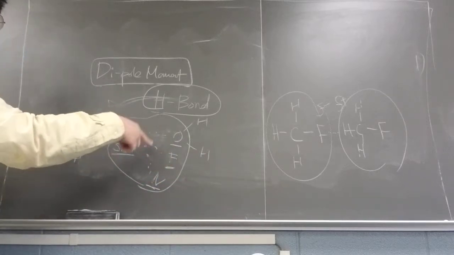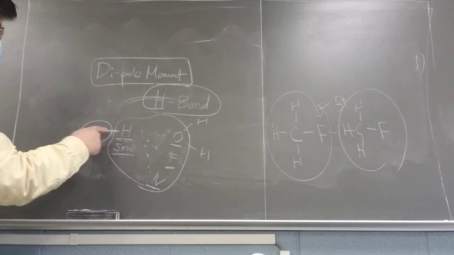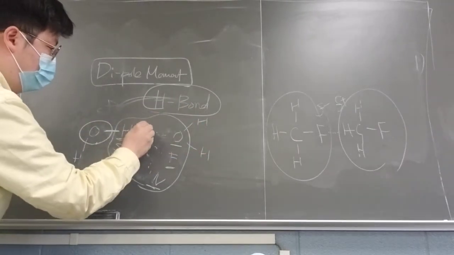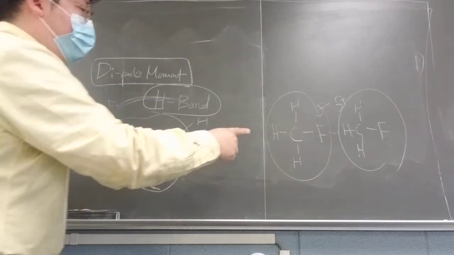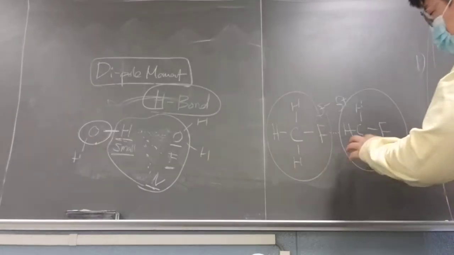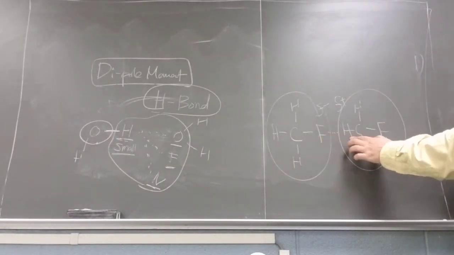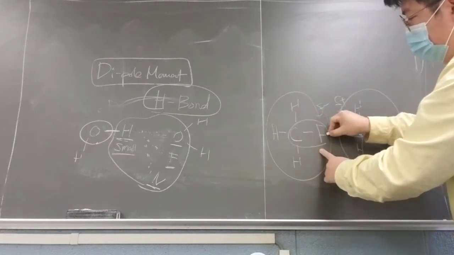So water would be a good example. In water, the hydrogen makes a covalent bond to the oxygen, and also with another water molecule, you can interact with the oxygen side of the water. But in this one, they do have an interaction between hydrogen and fluorine, but this hydrogen is bound to carbon, and this fluorine is bound to carbon as well.